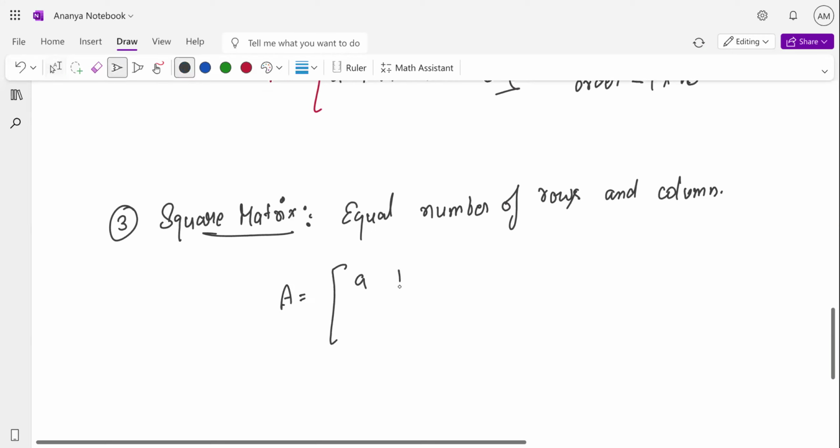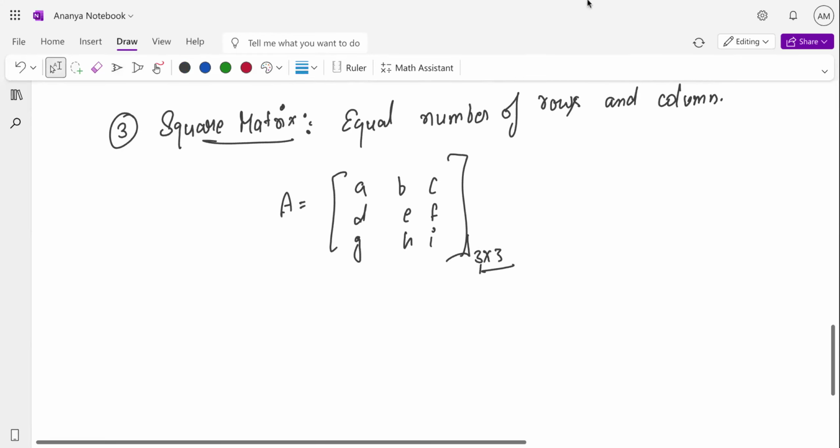You have A, B, C, D, E, F, G, H, I. You can see 3 into 3. We can represent this matrix size also like this. You can write it as 3 into 3. You can see rows and columns are the same, so it's a square matrix.